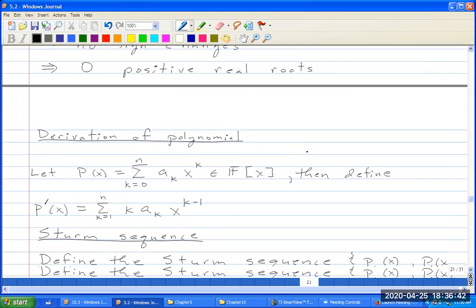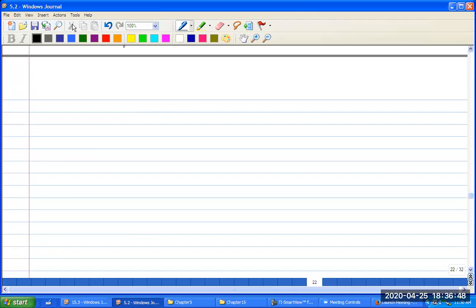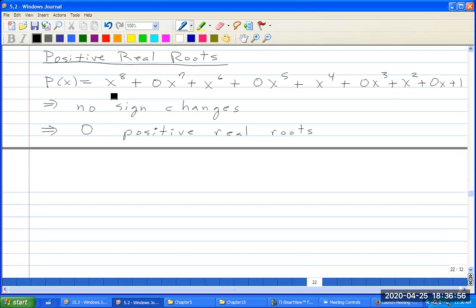Let's look at the negative real roots. Notice that the zeros didn't make any difference, so I'm not going to write them for the negatives because it'll probably make it just too big.